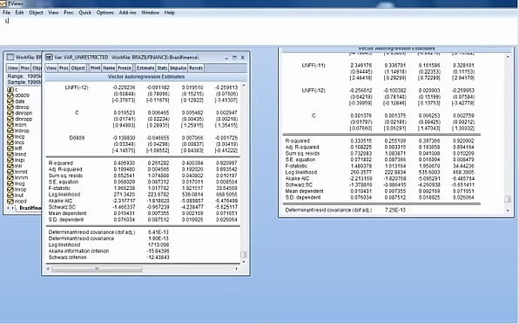LR stat is equal to bracket T minus M times the ln sigma restricted model minus the natural logarithm of sigma of the unrestricted model.